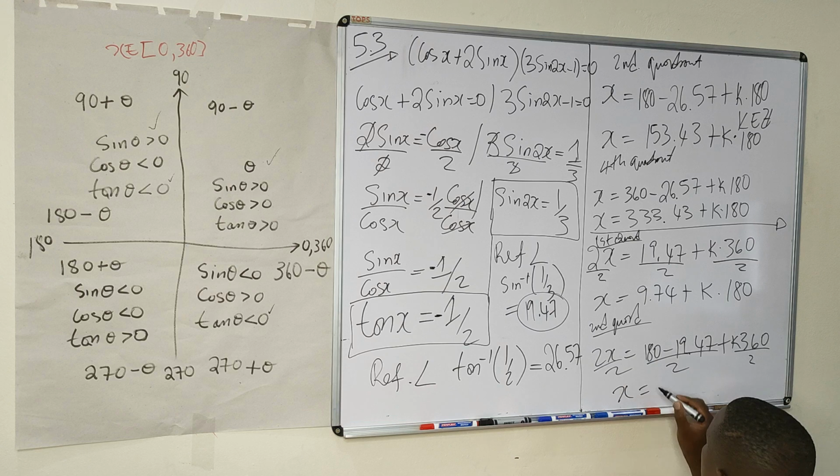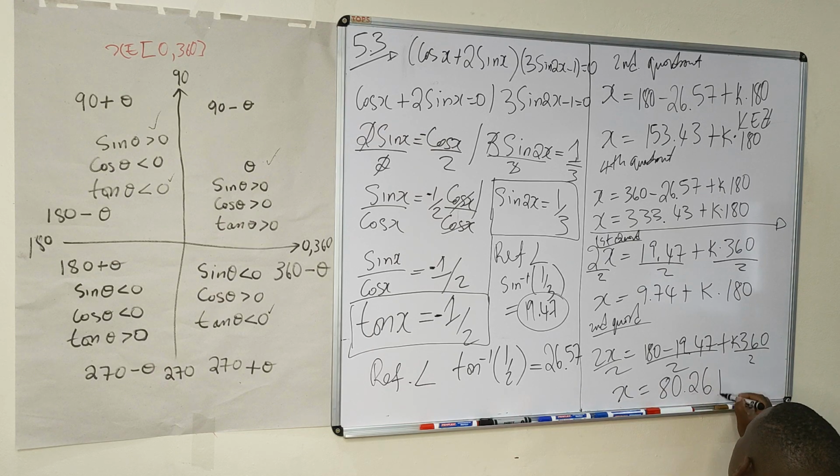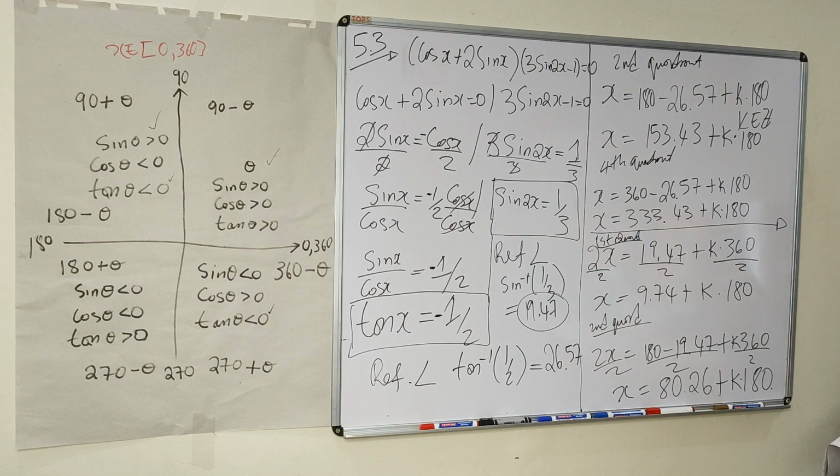So x is equal to 180 minus our 19.47, our reference angle, then divide that by 2. So it's 80.2426 plus k 180 degrees. So these are the general solutions.